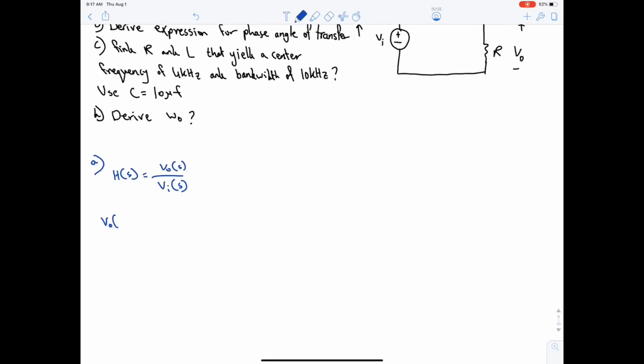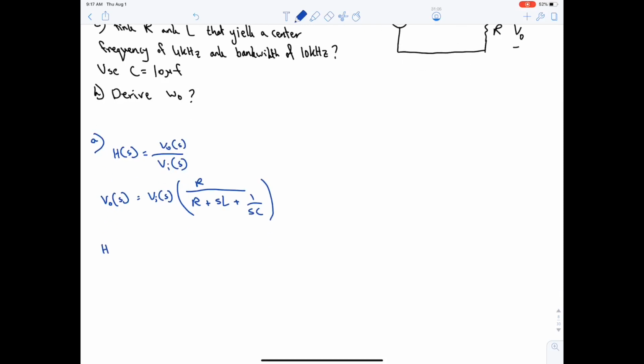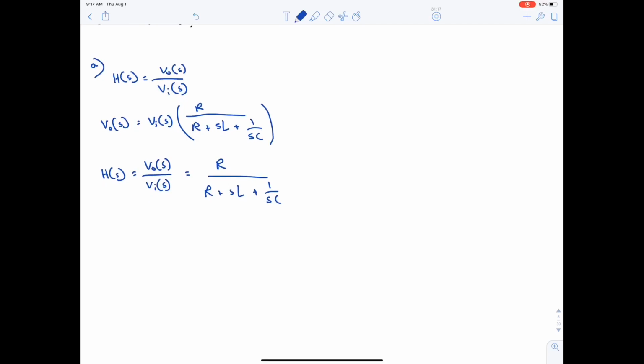V output is equal to V input multiplied by R over R plus sL plus 1 over sC. Then H of s is equal to Vo over V input, which is R over R plus sL plus 1 over sC.